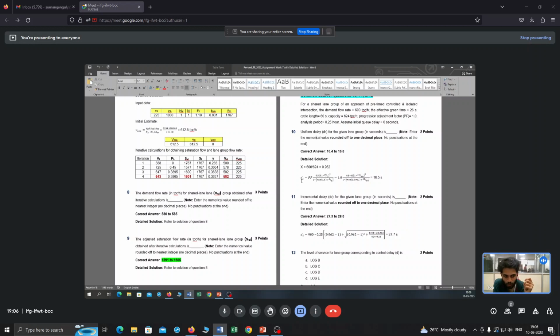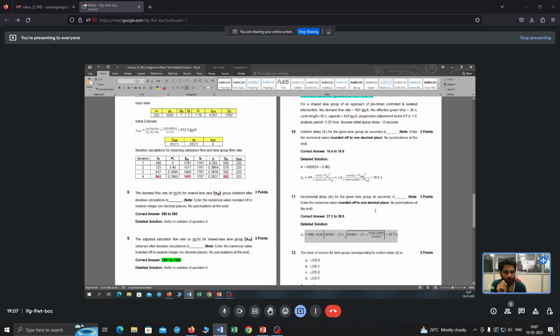So due to this fluctuation there will be some kind of incremental delay, not uniform. It is not that a similar number of vehicles are always coming to an intersection, right? So uniform is not always the ideal situation, right? That's why there is something called the incremental delay. So this is the equation of incremental delay, and if you know the equation you can always solve it.